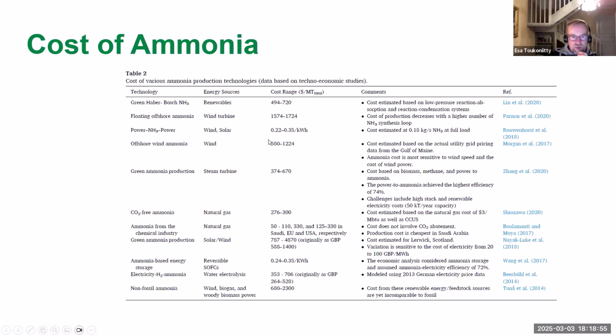Well, the range goes from roughly $300 all the way to maybe 1,700, 1,000, 2,300 or something. So there's quite a big difference in the price of that product depending on the method.